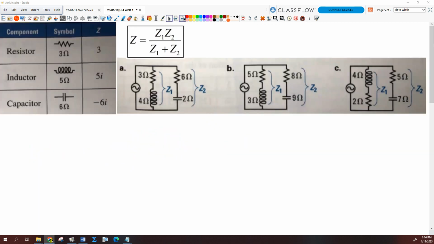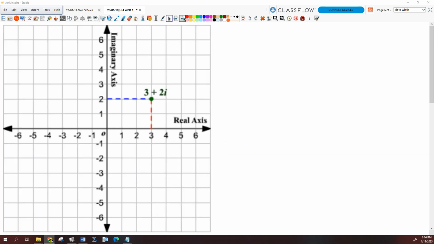This is what we call the complex plane. It looks just like the XY plane, doesn't it? But the horizontal axis, instead of being the x-axis, we call it the real axis. And the vertical axis, instead of the y-axis, we call the imaginary axis.